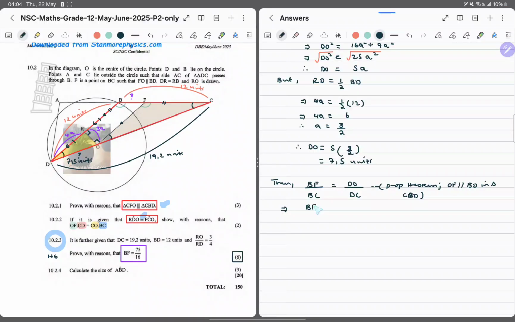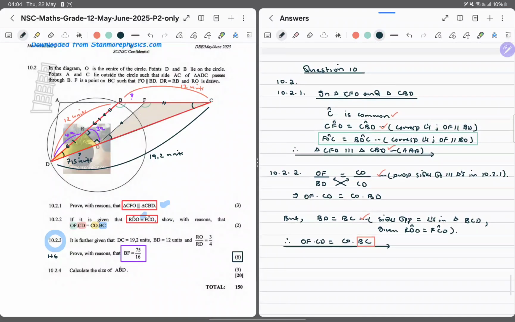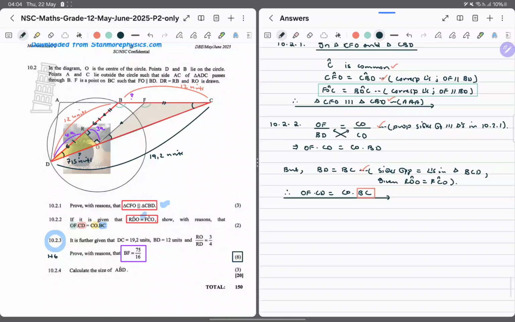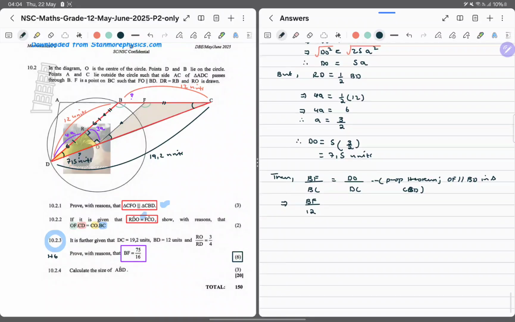So BF over BC, we already established it's 12 units. Of course, we stated it above. We stated that these two were equal. So if one is 12 units, which is already given here, we're not going to justify it now.